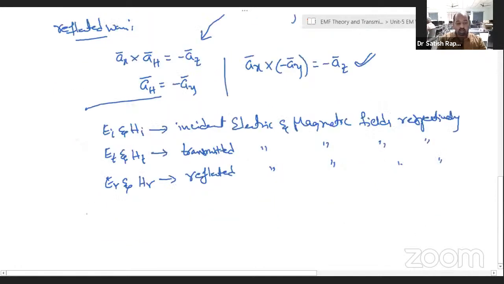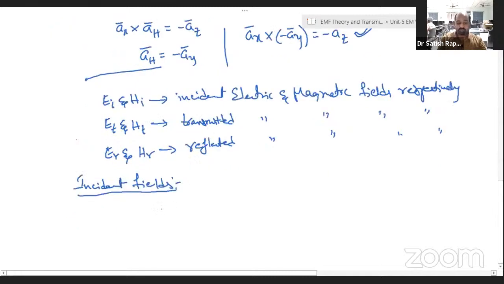So now the incident fields can be written like this. Ei is equal to Ei naught e power minus gamma 1 z, and this is equation 1, right?